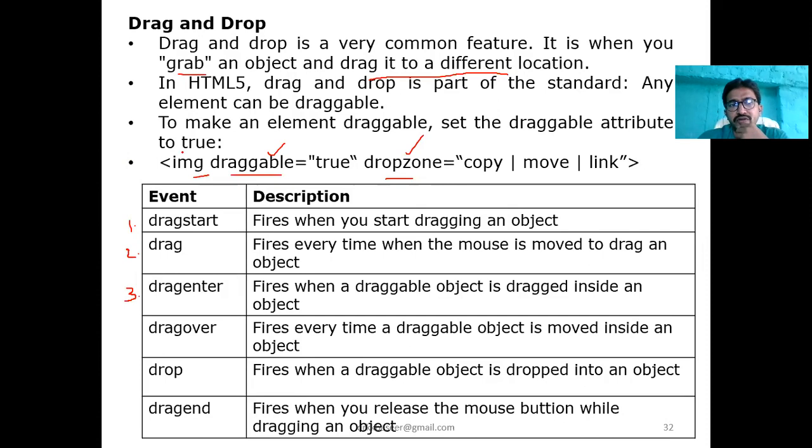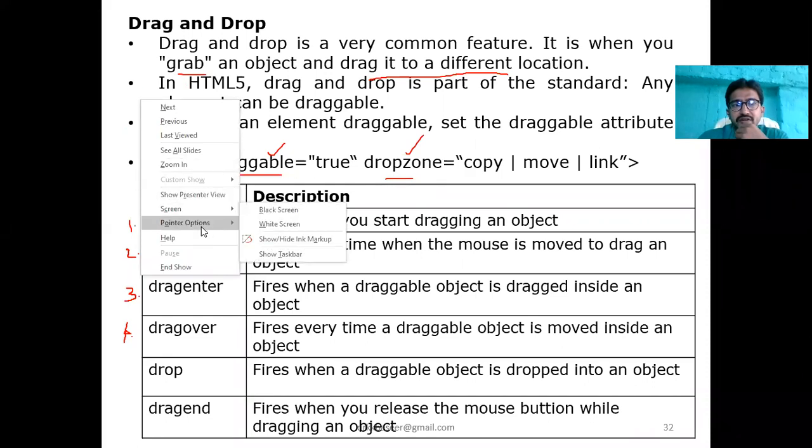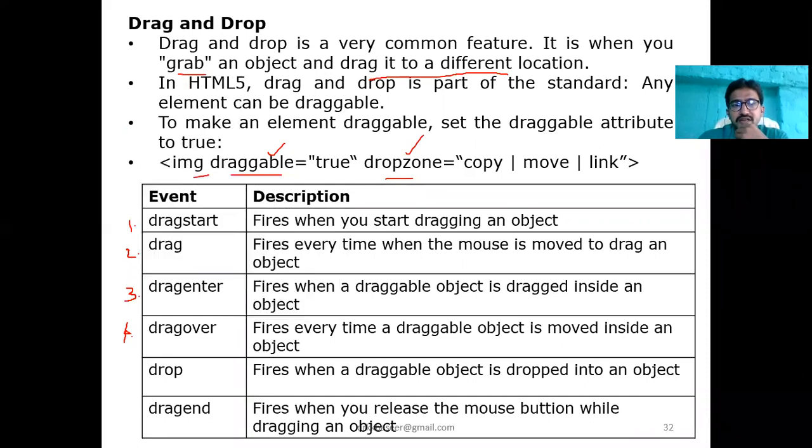When you move the mouse away from that object, it is unshaded. Dragover is when you are moving a mouse over an object.